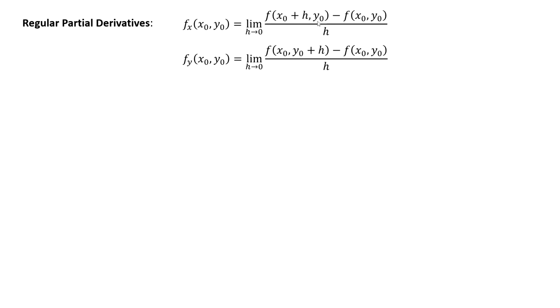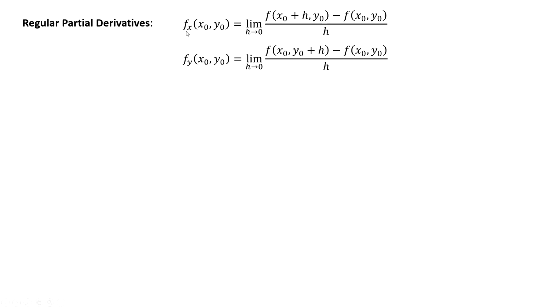What's the z value at that point? And you look at what the change is in the z value and divide that by h, and you try to look at what the limit of that would be as h approaches 0. You never make h equal to 0. So that's the original derivative concept, right?